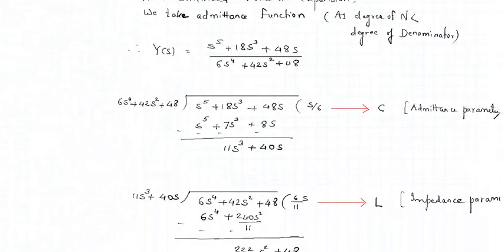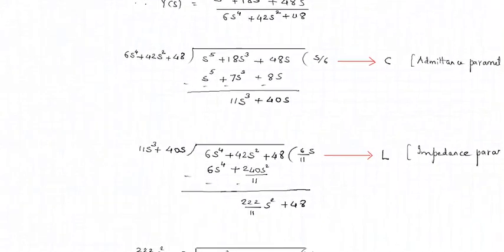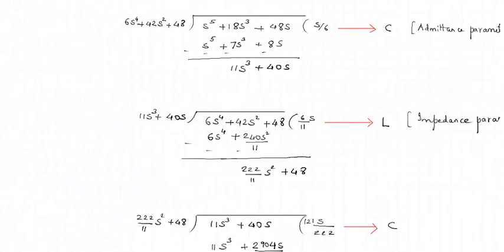So we will divide the numerator by denominator. The first step of division gives us a quotient of S by 6. Since the remainder is not 0, we continue to perform the division of these two elements. We will now divide this term by 11s cube plus 40s.